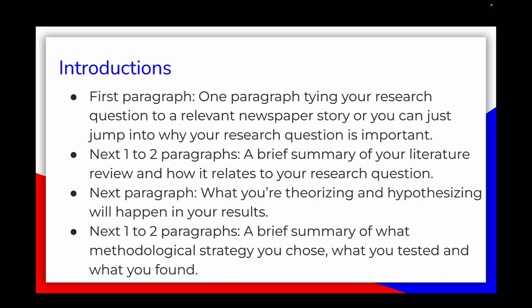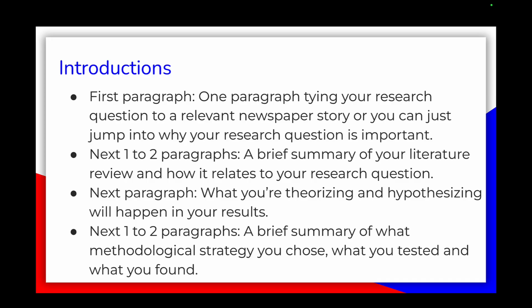Or if you can't find something from the news specifically, you can just jump into why that research question is important. But I think the better one is, can you find something in the news or something in popular press that you could quickly tie in as sort of a hook, right, for your research question.